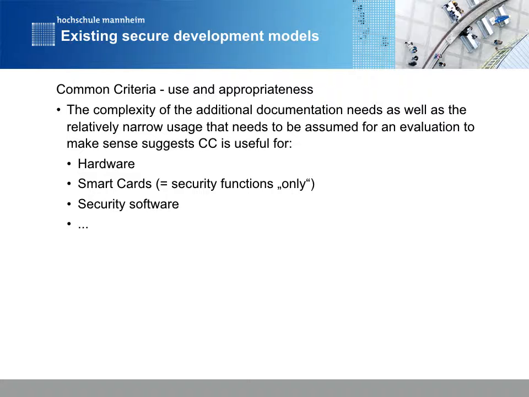And Windows NT was certified without network connectivity. So the target of evaluation, as I told you, was limited to a computer that has no network functionality, to prove that it can securely be accessed.